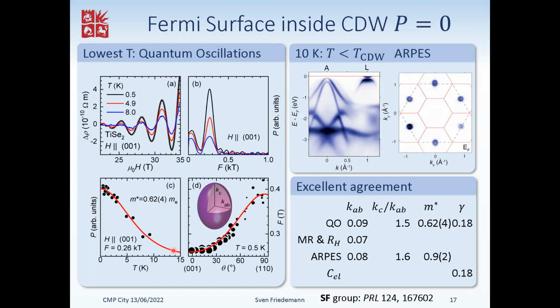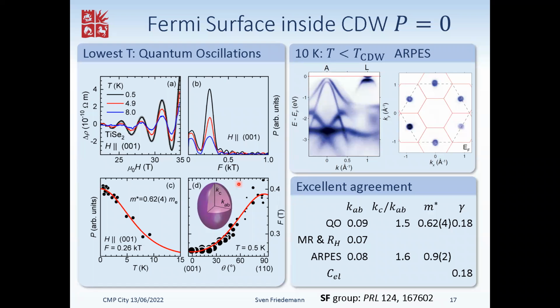In addition, we can measure the angular dependence, which is plotted down here. We can fit this with an elliptical Fermi surface with an in-plane isotropic profile and an out-of-plane longer Fermi vector. That ratio, once we've fitted it, tells us essentially what that Fermi surface pocket looks like.